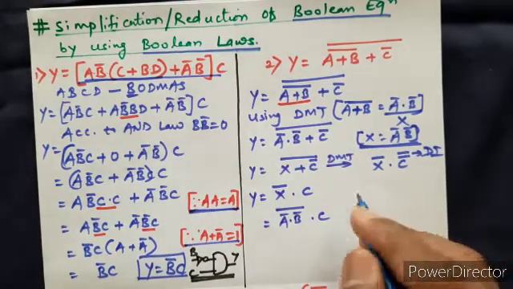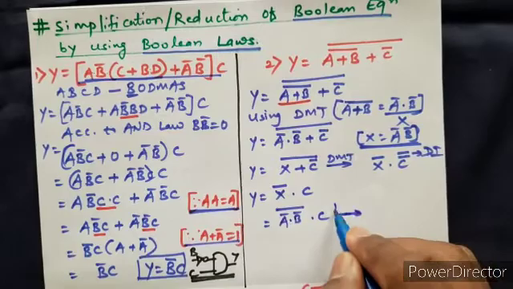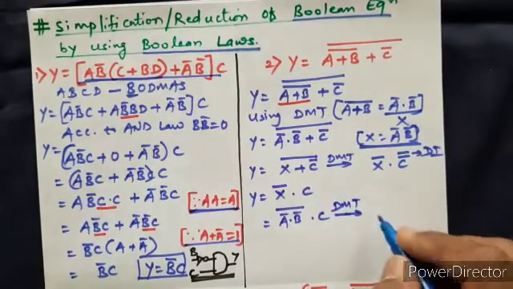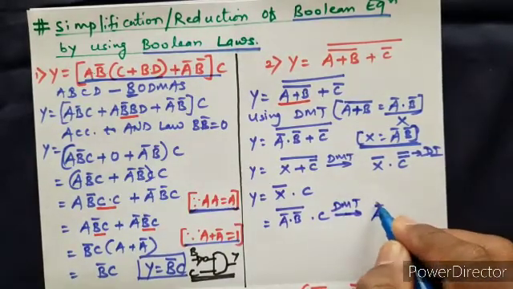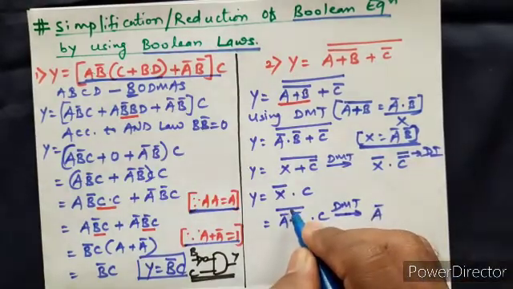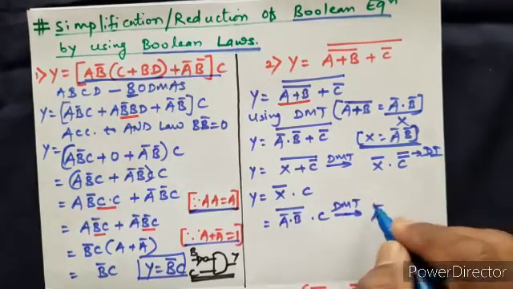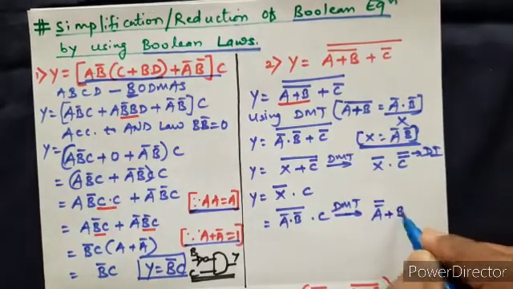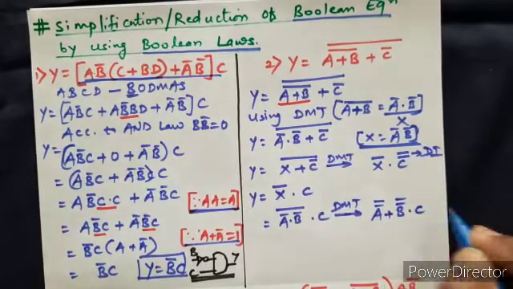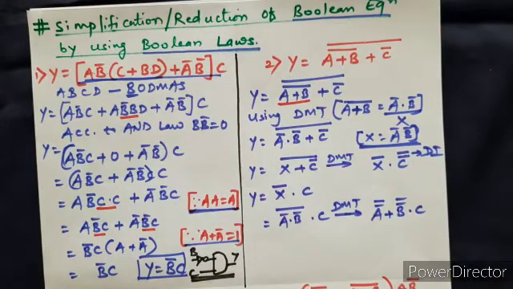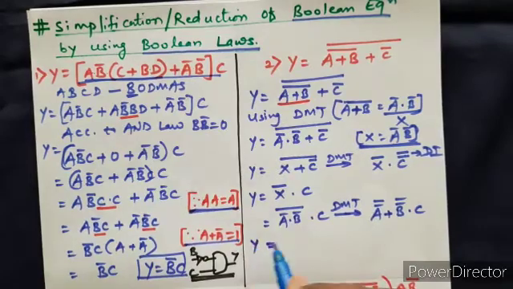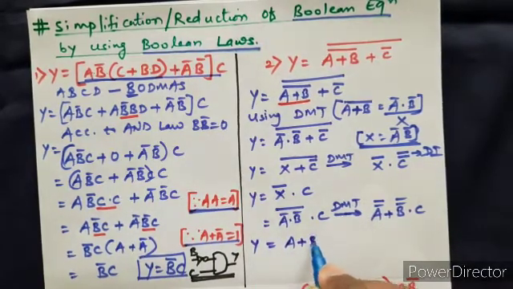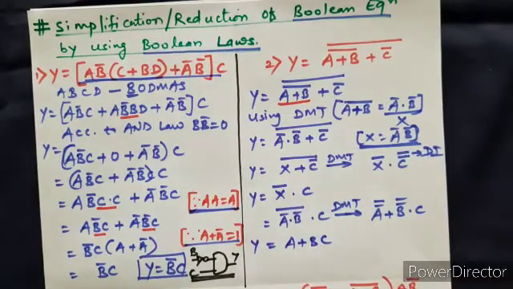Now again De Morgan's theorem: this is a bar getting divided into these two terms, so a bar, this dot will be plus, and this is b bar dot c. So now this equation should turn out as a plus b c.